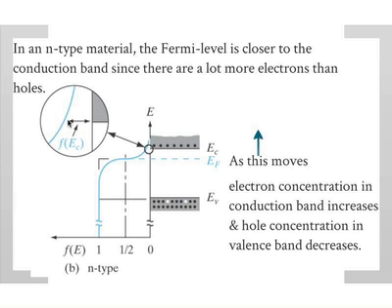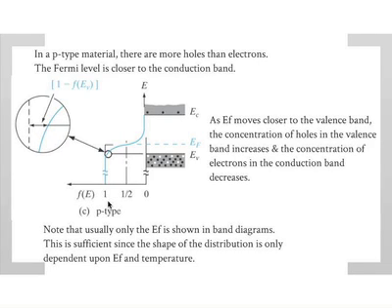Because the distribution is shifting up. We can visualize that. And the same thing happens: the hole concentration in the valence band decreases symmetrically, right? If you look here, as this curve moves up, this number will get closer and closer to 1 exponentially. Of course, what does that mean? That means all the levels are occupied, there are no holes, no free levels. The opposite, of course, happens for the p-type.